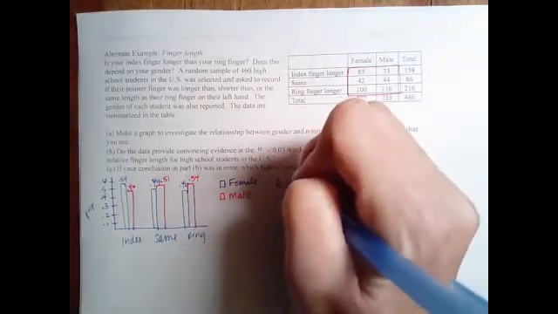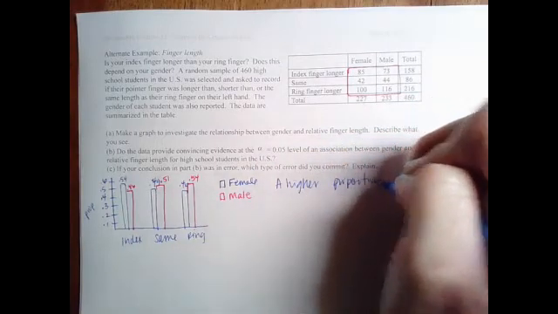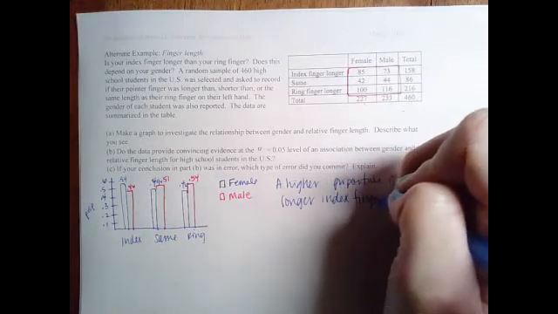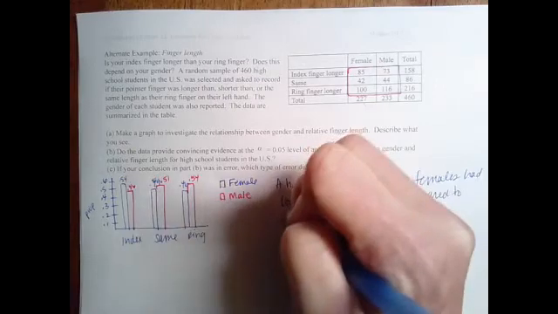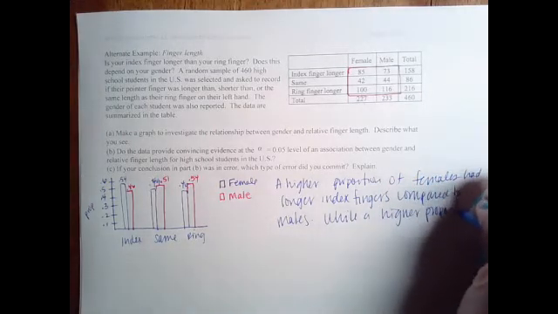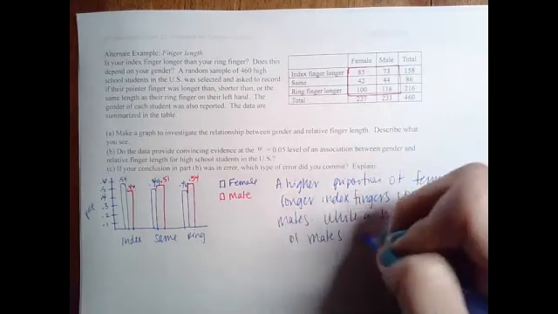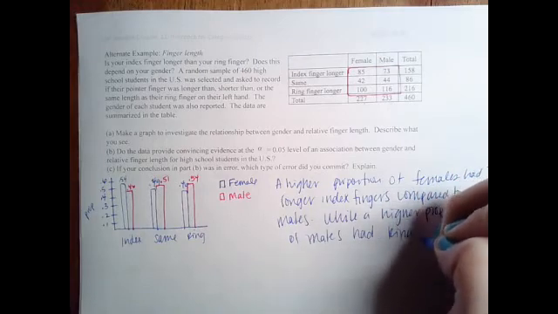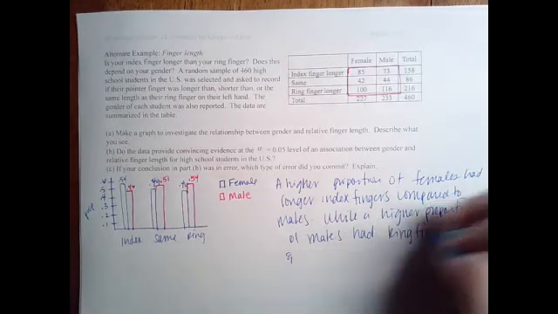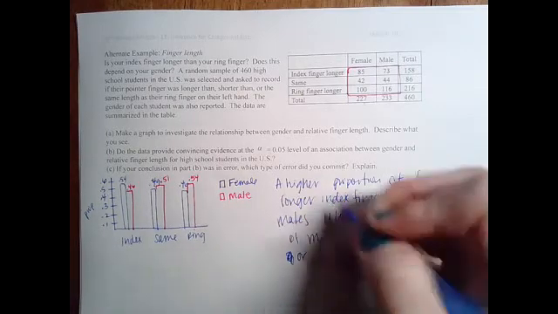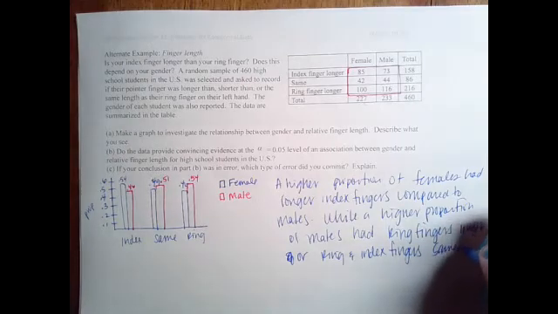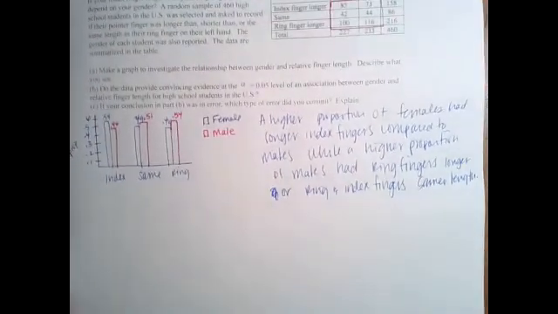So you just write that a higher proportion of females had longer index fingers compared to males, while a higher proportion of males had ring fingers longer, or ring and index fingers the same length. Okay, so a little bit of a review from chapter 1.